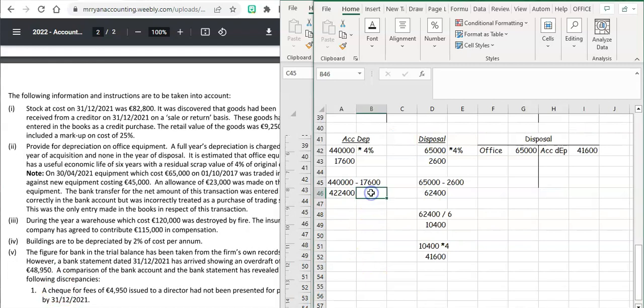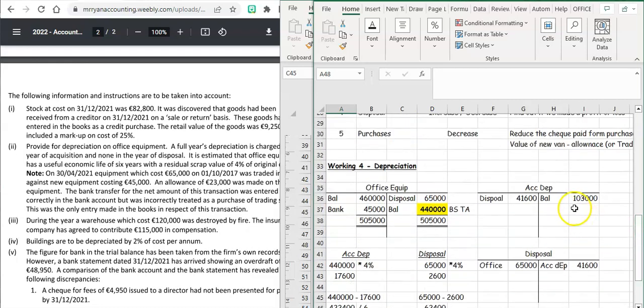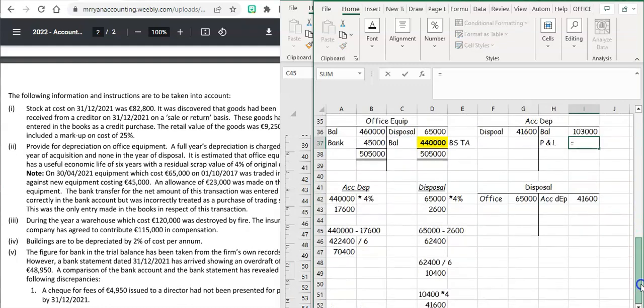We're going to divide that then by 6 because it's got an economic life of 6 years. And that's going to give us what our depreciation is for this year that goes into your profit and loss account. So it's 70,400. So this is in your profit and loss. And the figure is 70,400.